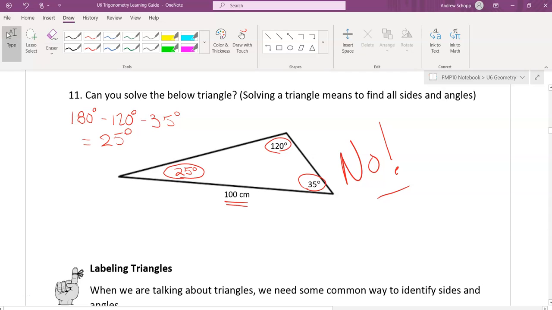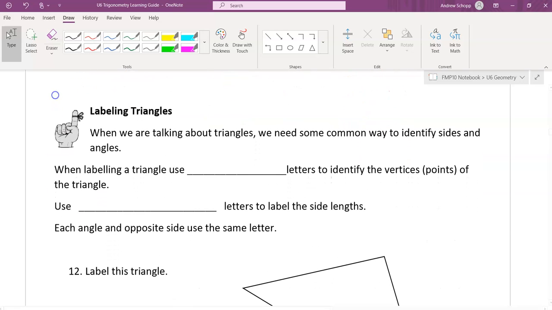But if we're talking about this triangle, there's some important things that we can do. We can learn about labeling so that when we're talking about side lengths, we know more about what we're speaking of. So let's look more into labeling triangles. When we're talking about triangles, we need some common way to identify sides and angles.